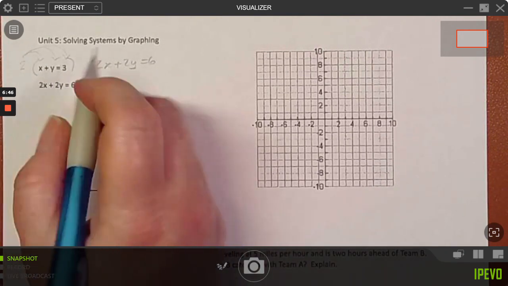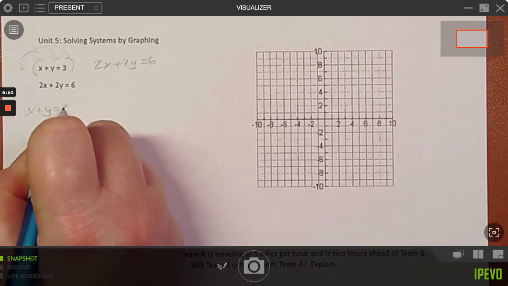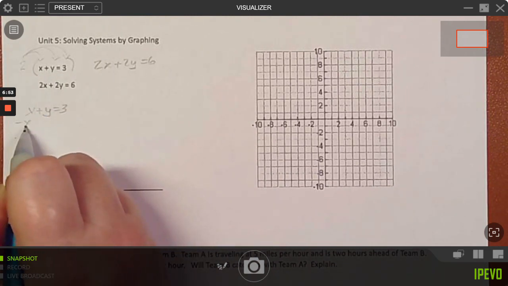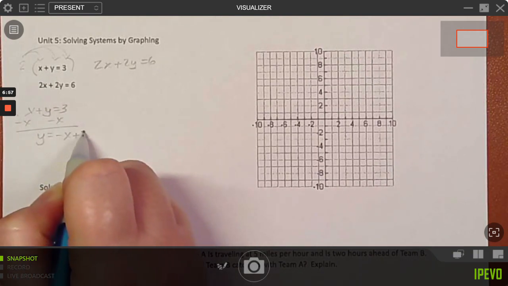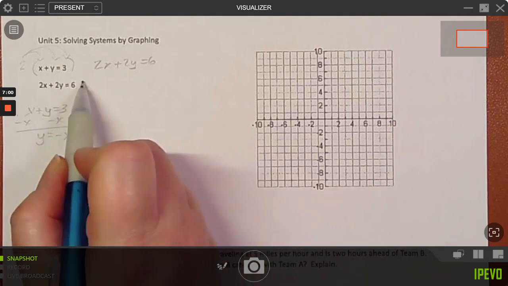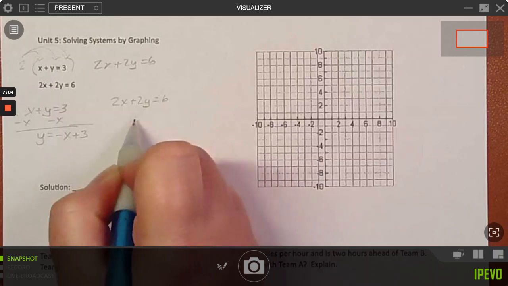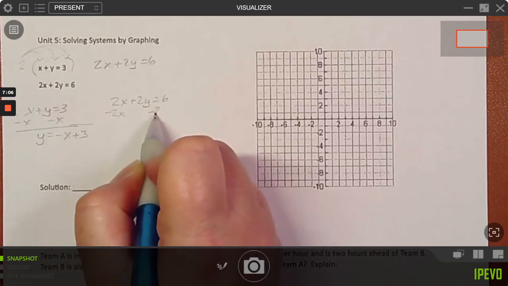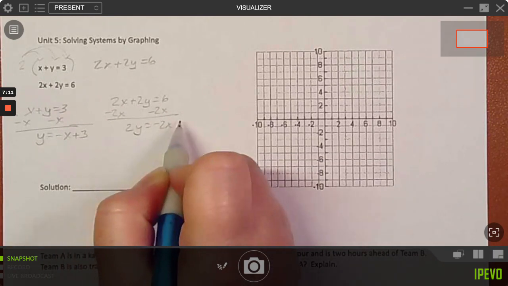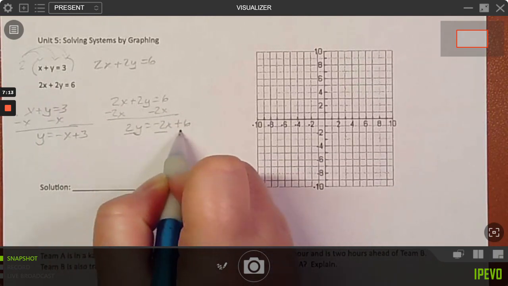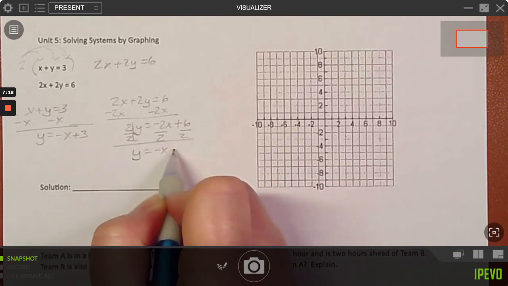So let's take that first equation, x plus y equals 3. Let's put it in slope-intercept form to get y equals negative x plus 3. And let's take our second equation, 2x plus 2y equals 6. Let's put that into slope-intercept form. 2y equals negative 2x plus 6, and then divide each term by 2 to get y equals negative x plus 3.